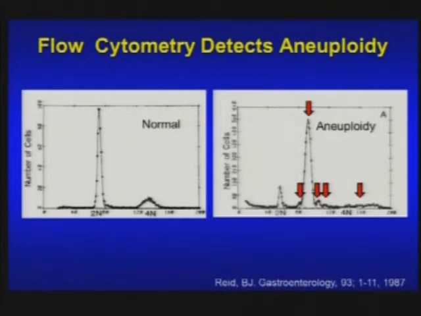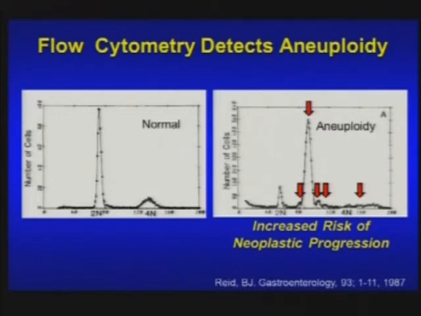And there are these 5 additional peaks detected by the flow cytometer, which tell you that there's a large number of cells that have other than the normal 2N or 4N amount of DNA. These peaks represent the aneuploid populations, and it indicates that the tissue is at an increased risk of neoplastic progression.